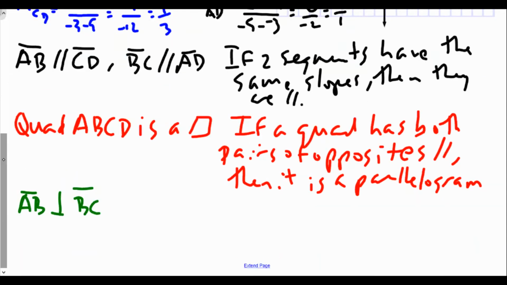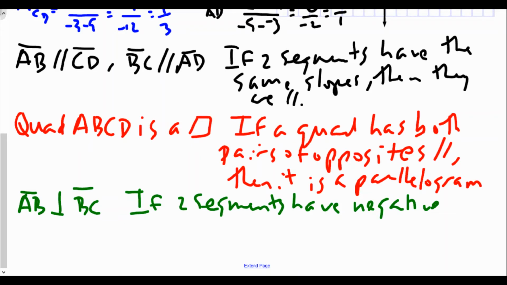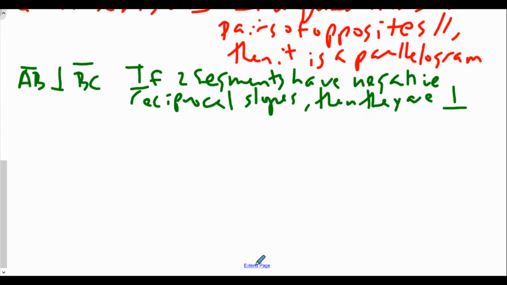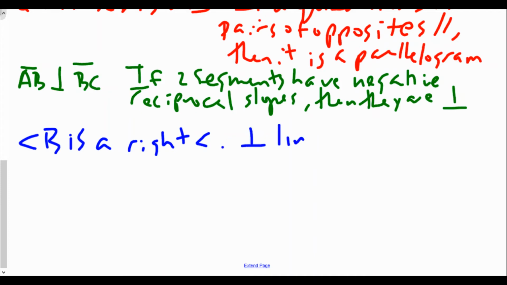So we know they're perpendicular because if two segments have negative reciprocal slopes, then they are perpendicular. And now you're saying, okay, is that enough? Not yet. Because we know it's perpendicular, we can now say angle B is a right angle. And the reason is perpendicular lines form right angles.